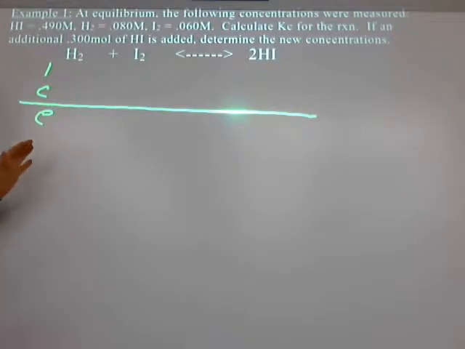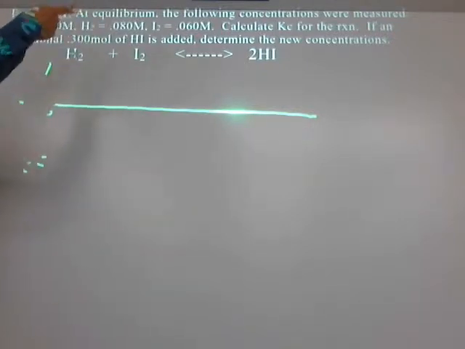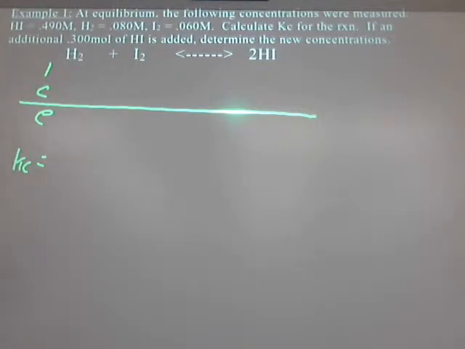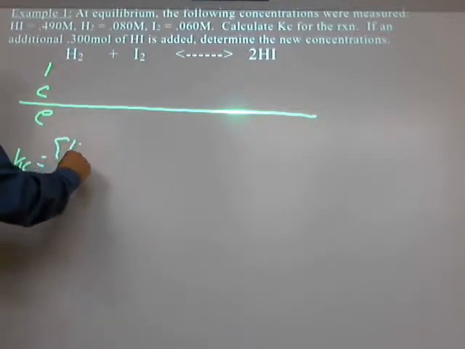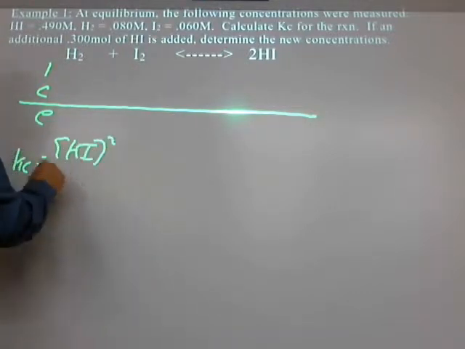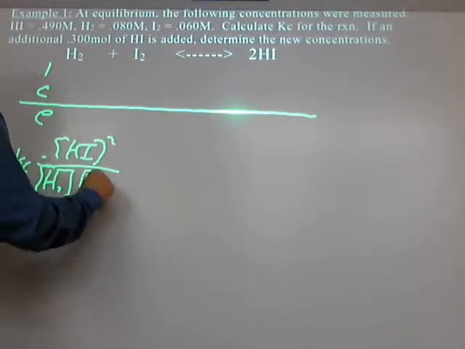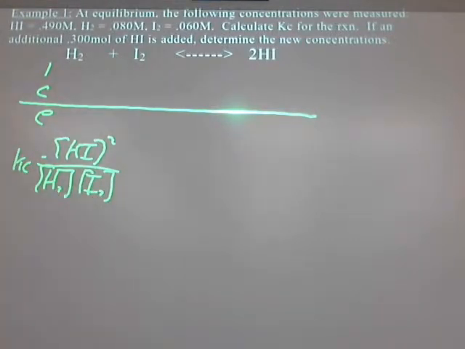So here's what you need to show me. First, the equation for KC. You can't just throw those numbers in. You need to show me the formula. What's the formula for KC? HI squared over H2 times I2. Okay? And then I plug my numbers in. So KC would equal HI squared.